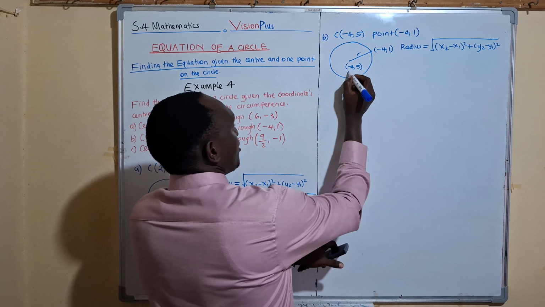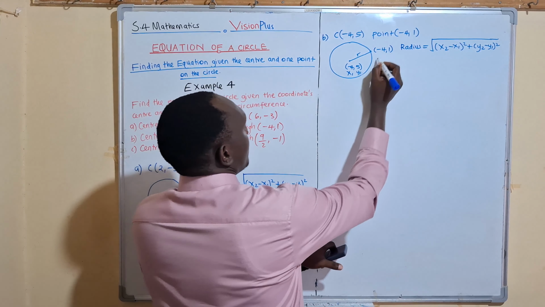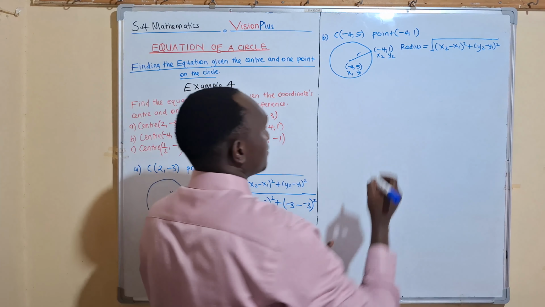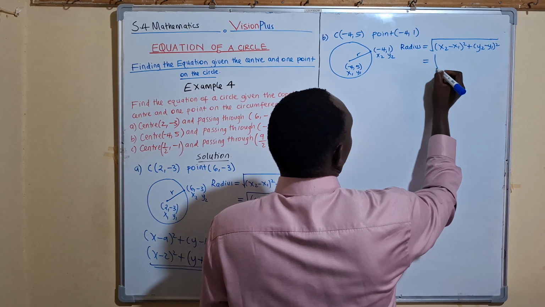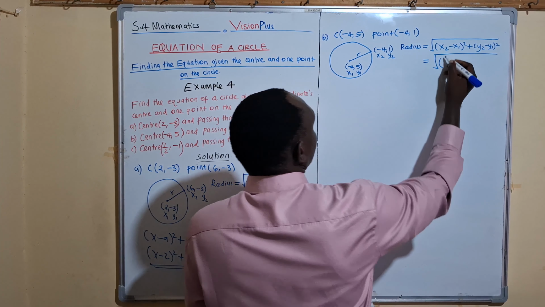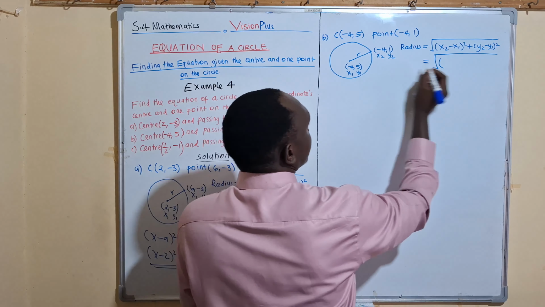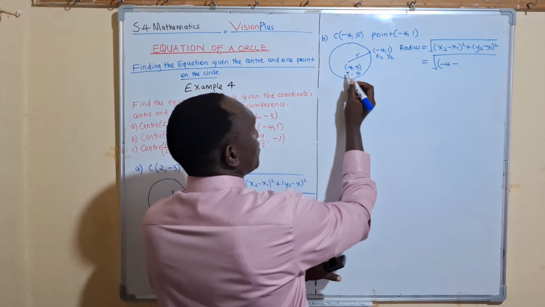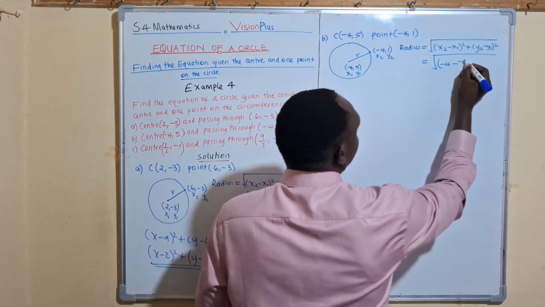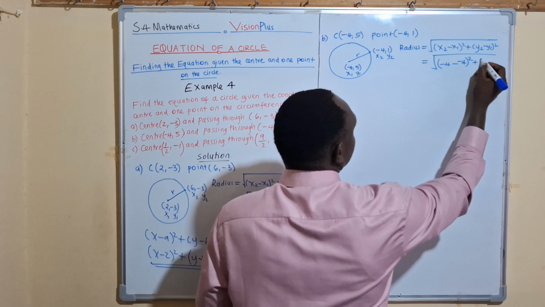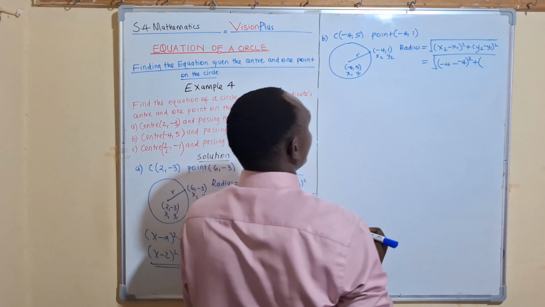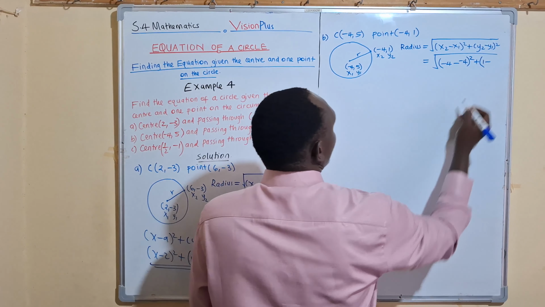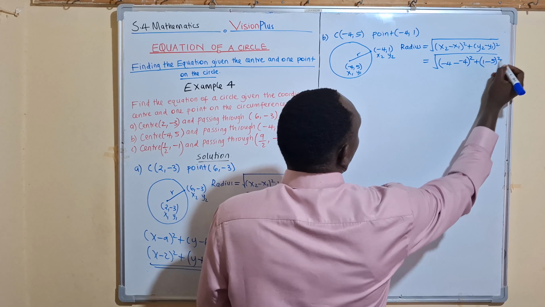Then you come and name the points. I'm calling this one x1, y1, and this x2, y2. Then you substitute for x1 and x2 as well as y2 and y1. x2 is -4 minus x1, which is also -4, squared, plus y2, which is 1, minus y1, which is 5, squared.